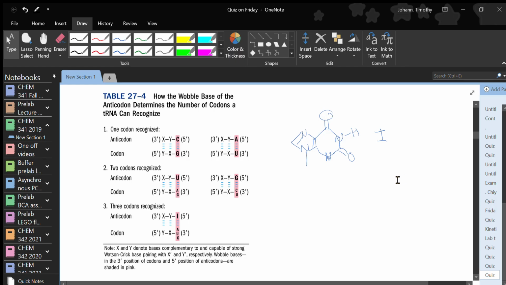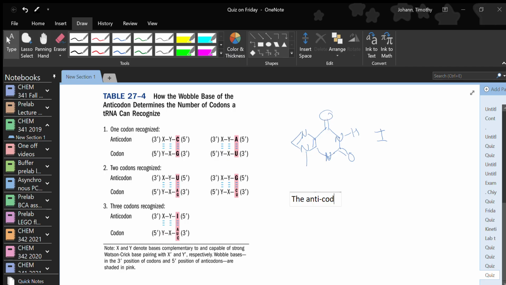But in terms of the anticodon here, the anticodon doesn't have to match the codon exactly in terms of the last base. When I say last, I mean the 3'.